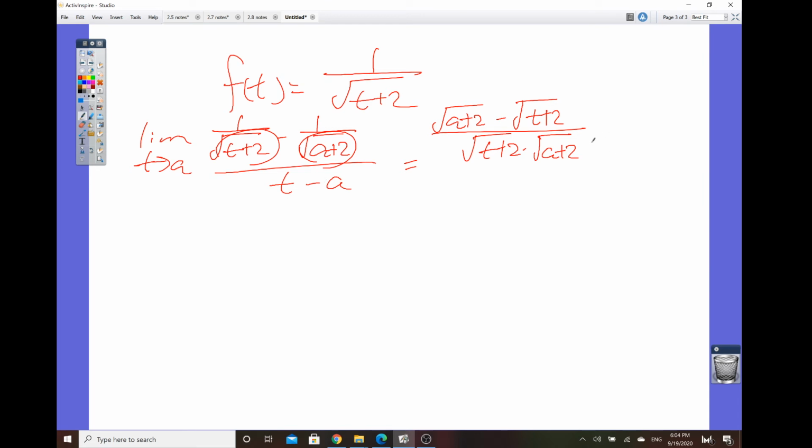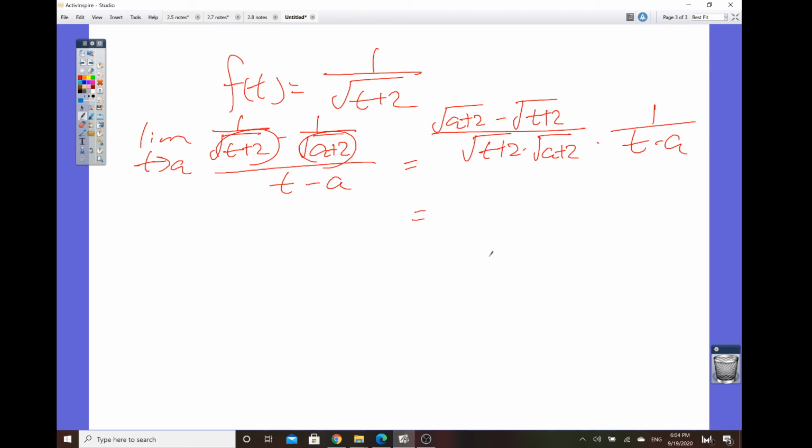Divided by t minus a means you multiply by its reciprocal. A lot of people wonder what you can do next. We're not going to combine the radicals, because they have different radicands, different variable, different constant.